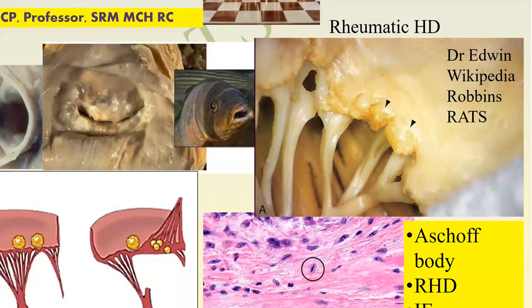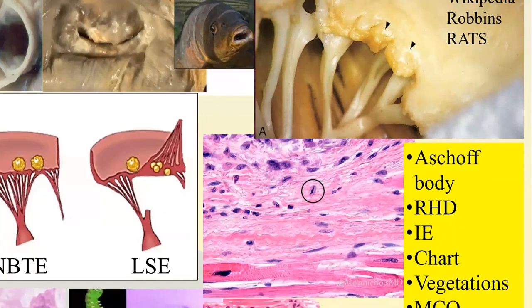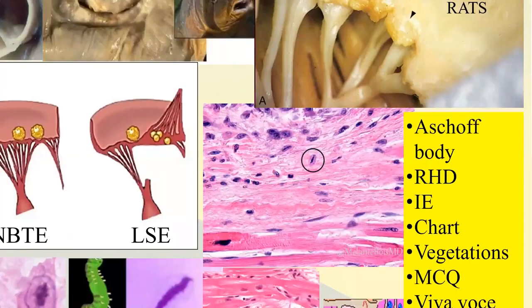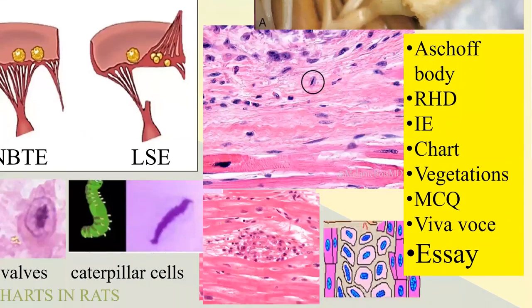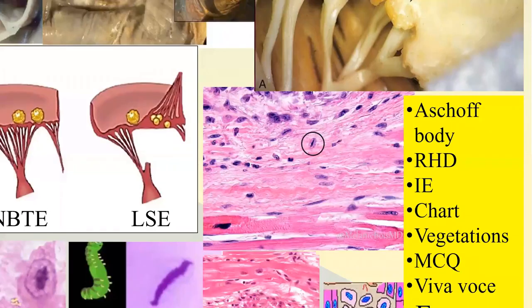The classical histological hallmark of it will be the Aschoff nodule. See this one. This is the normal myocardium, within which I am able to find an oval or ovoid lesion. And this is a higher magnification of the same.